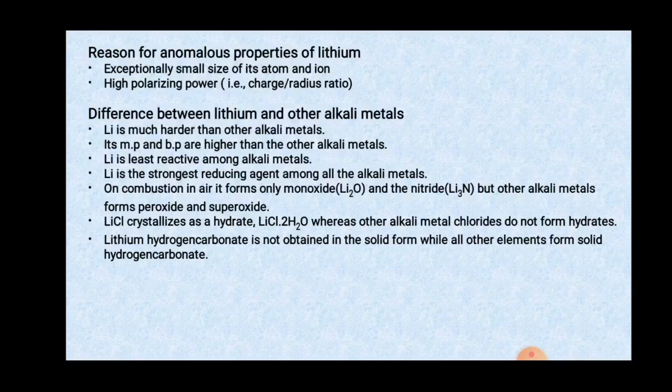Polarizing power is nothing but a charge by radius ratio. And it also has a high ionization enthalpy. That is also one of the reasons. Because of these three reasons, it shows anomalous properties, or it is different from other alkali metals.